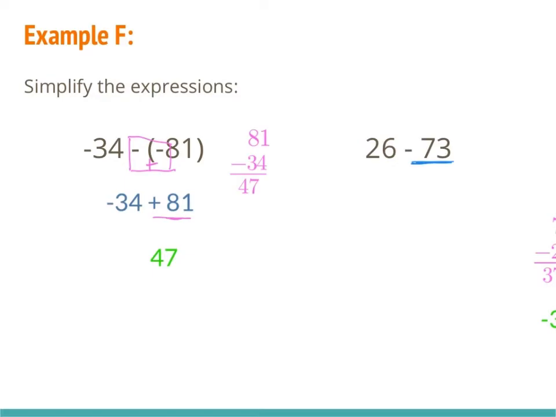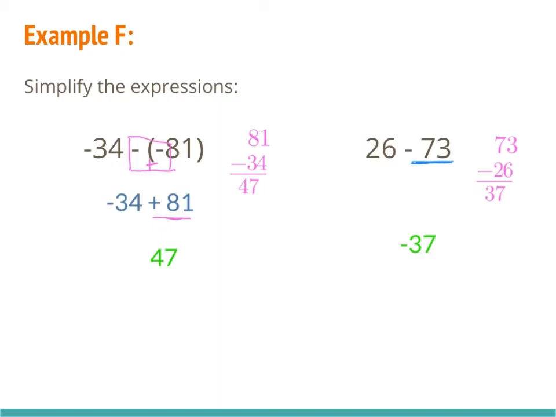So now I'm going to do some subtraction since they have different signs, and I'm going to get 73 minus 26 is 47. But I know my answer will be negative because the negative had the greatest absolute value, so my answer is going to be negative 47.